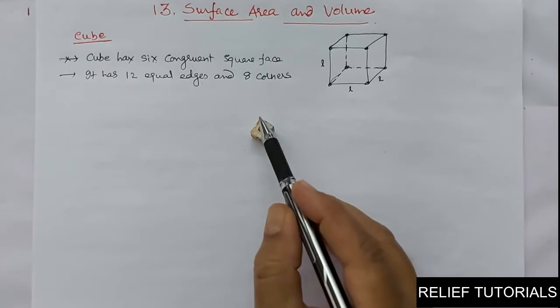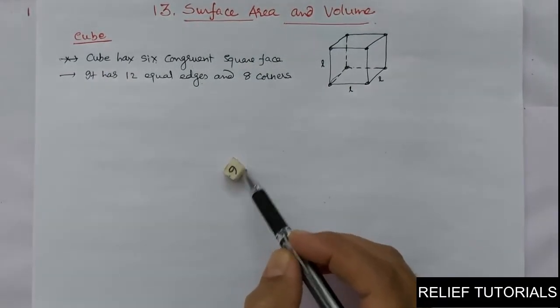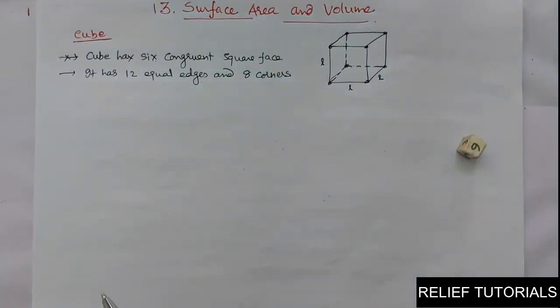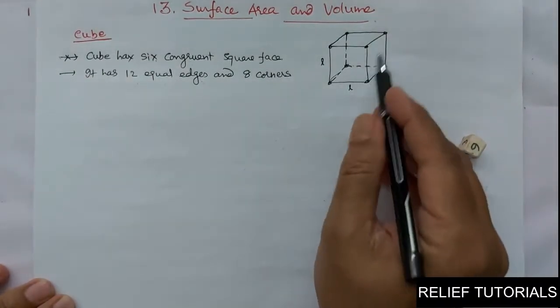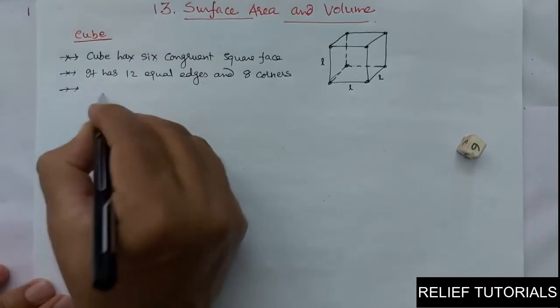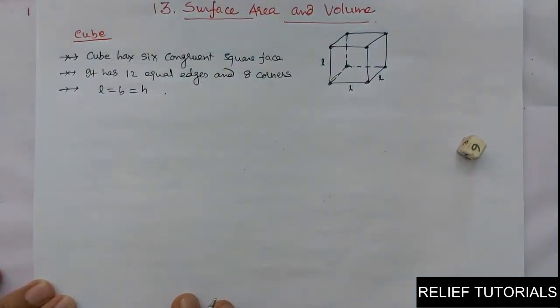Here, 1, 2, 3, 4 corners and 1, 2, 3, 4 here. Clear? Here length, breadth and height are equal. So L is equal to B is equal to H. So this is about the cube.